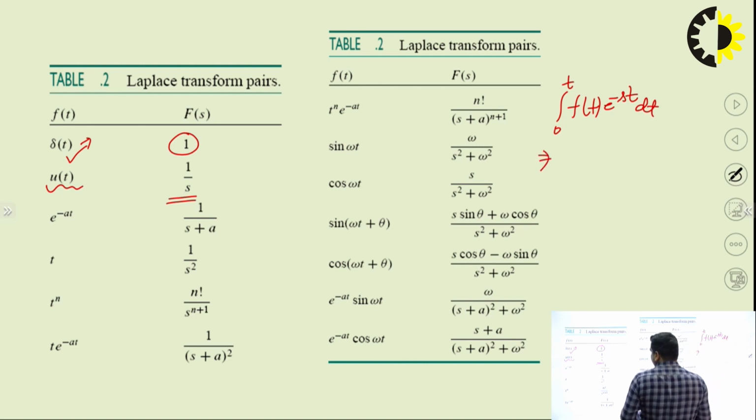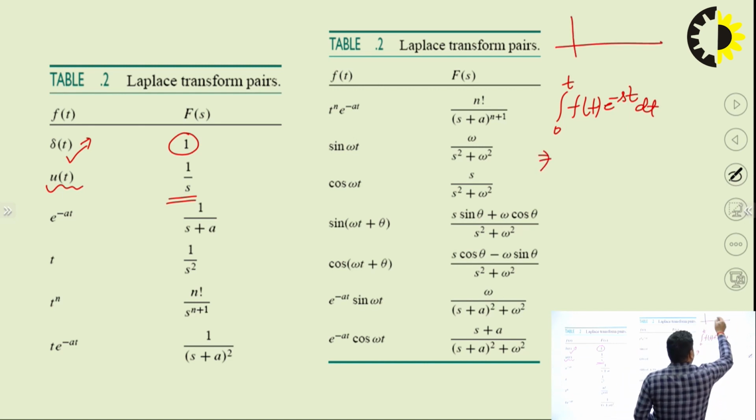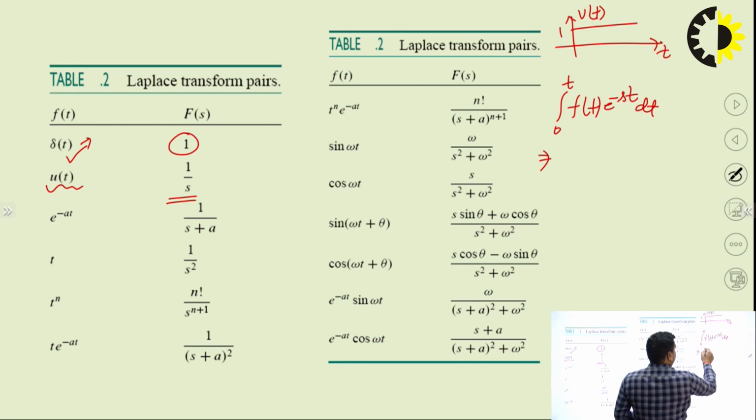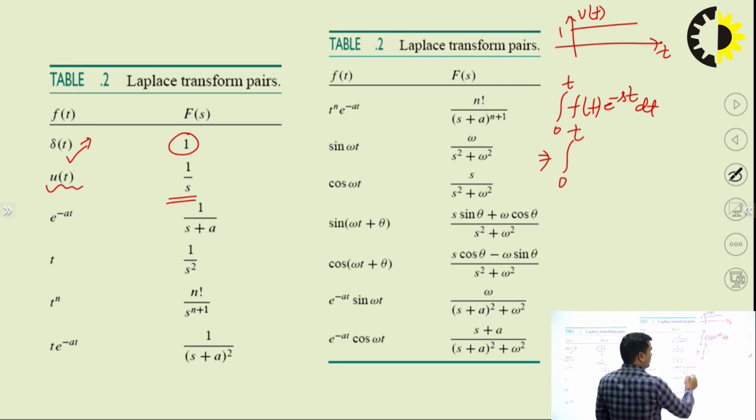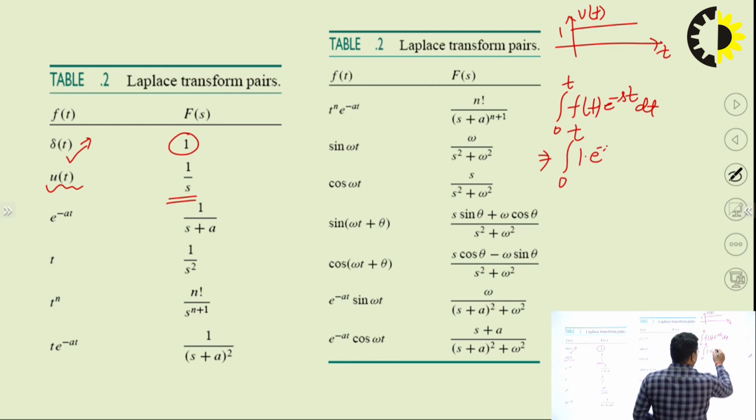What is the value of u(t)? This is u(t), value 1, this is t. So, from 0 to t, the value of the function is 1.